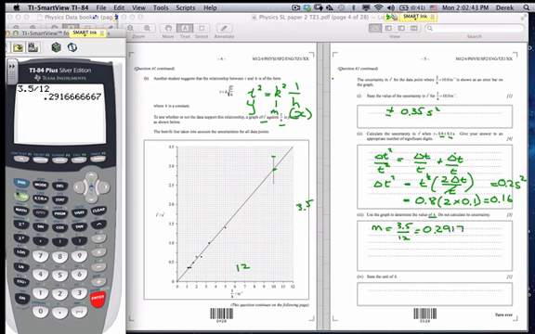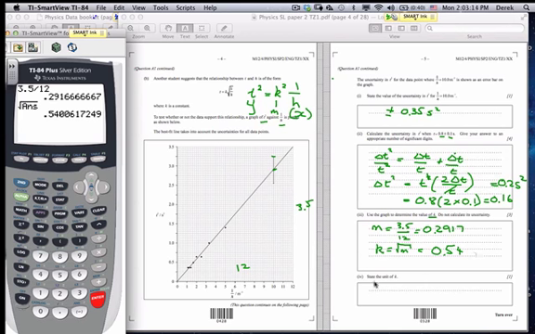Then I'm going to take the square root of that, because k squared is equal to m, so k will be the square root of m. I take the square root of my answer, and I get 0.54. So my k is equal to 0.54, and I'll leave it like that.